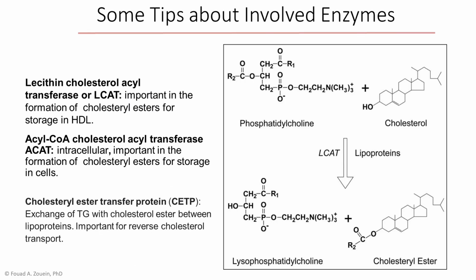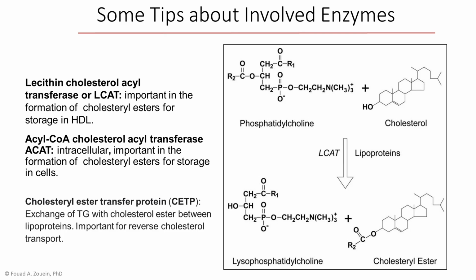Three additional enzymes are important in the metabolism of lipoproteins. We have LCAT, which is important in the formation of cholesterol esters for storage in HDL. Remember, this is an enzyme that uses ApoA1 as a cofactor to take the free cholesterol, esterify it, and put it inside HDL in the circulation. The ACAT is similar to LCAT.